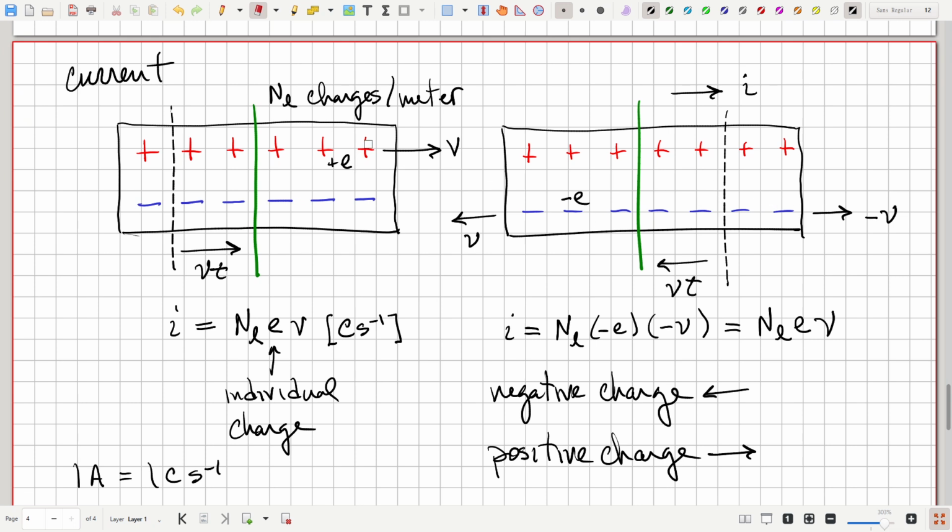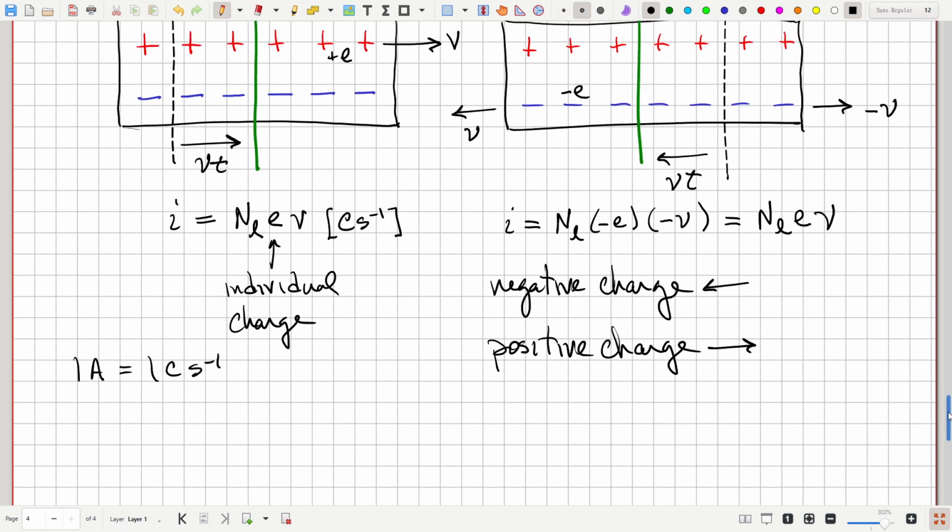However, there are situations where positive charges are the ones that move. For example, in the electrolyte of a battery, you can have positive ions carrying current. And in semiconductors, you can have both positive and negative charges moving, so-called holes and electrons.